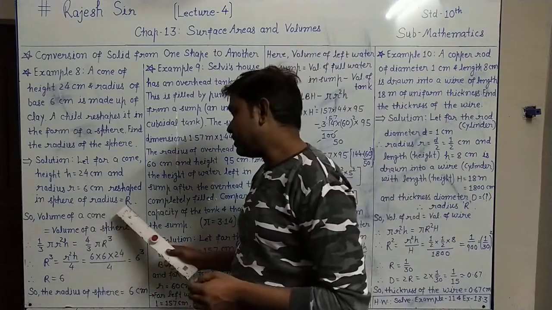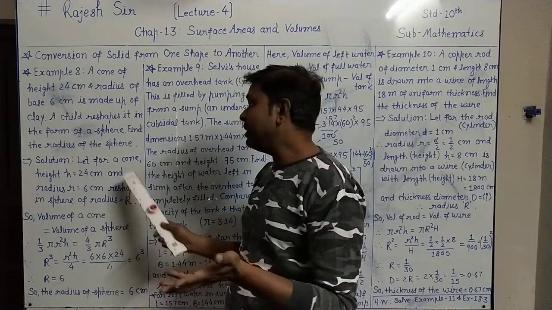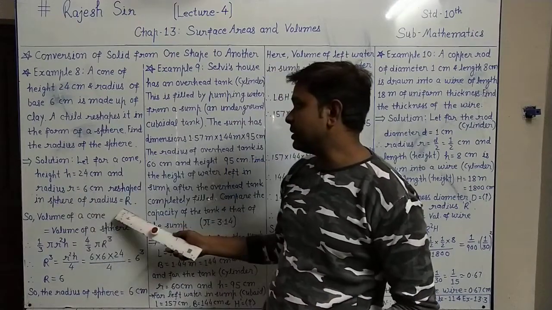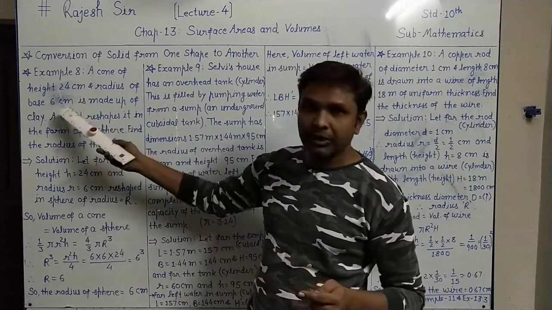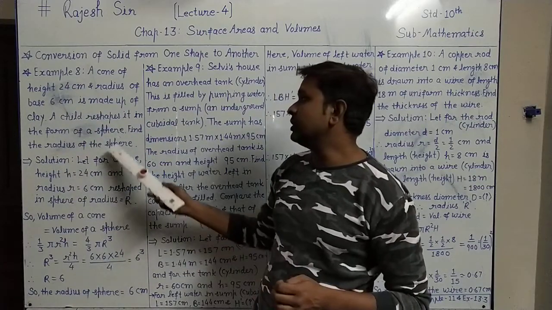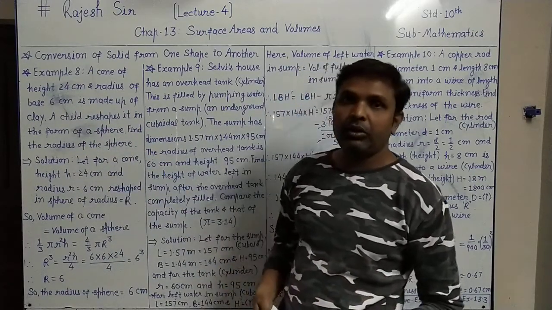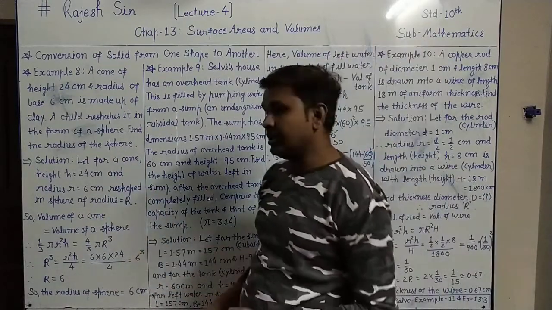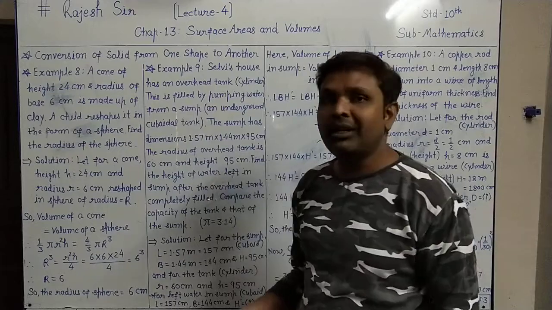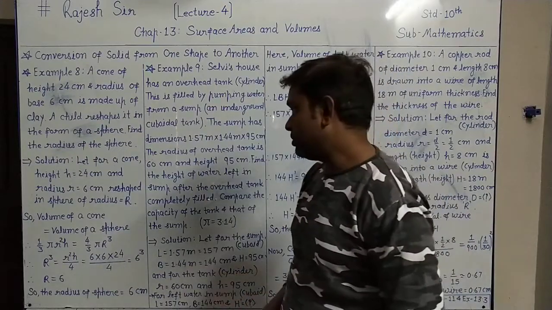Don't be confused between the two: small r is the radius of the cone that is given, and capital R is the radius of the sphere that is made, which is asked in the question. To make them different, we use small and capital letters.